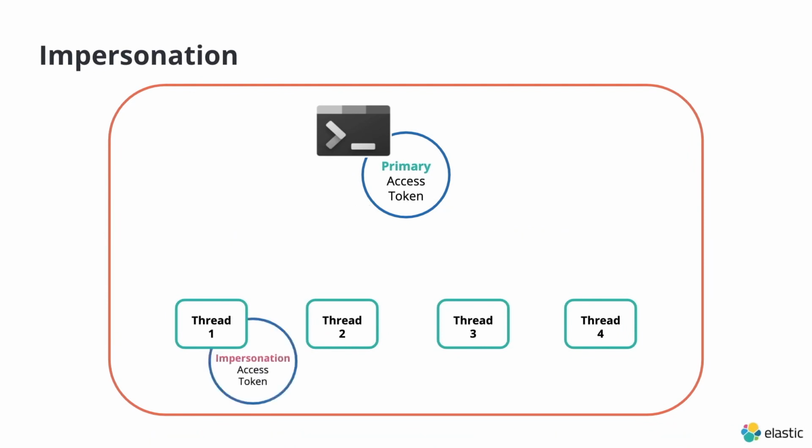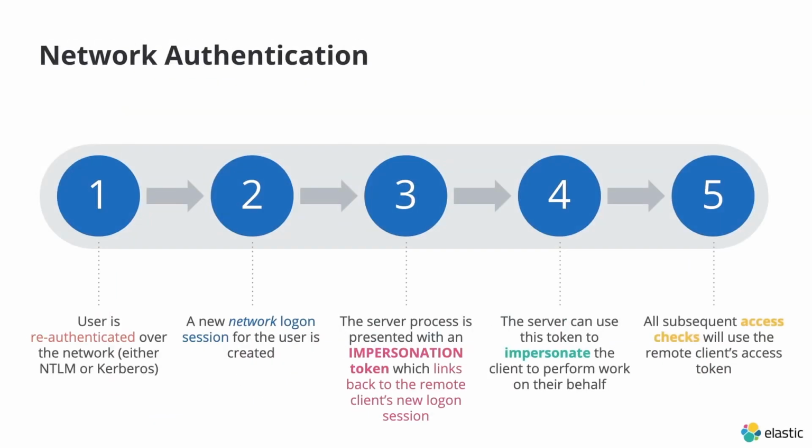And to solve this, Windows has a feature called impersonation, which basically gives a thread its own local copy of an access token, which it can then modify as it sees fit. And the key thing here is this is an impersonation token. It's applied to a thread, and so it allows the thread to slip into a different security context. And this is exactly what the server does.